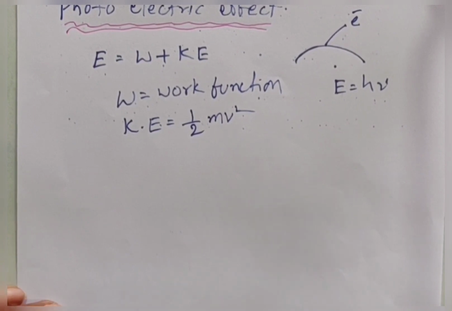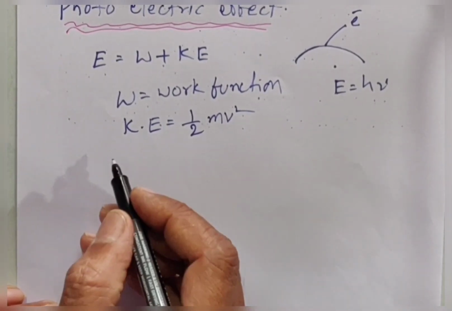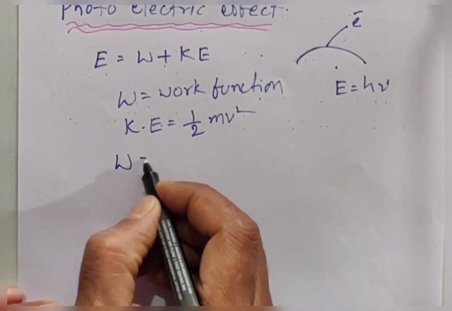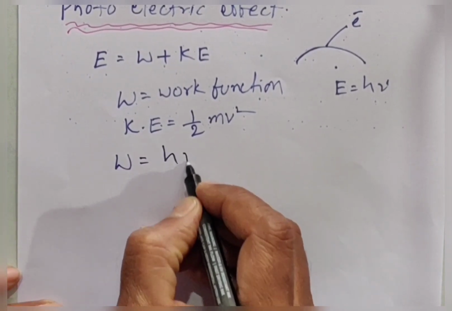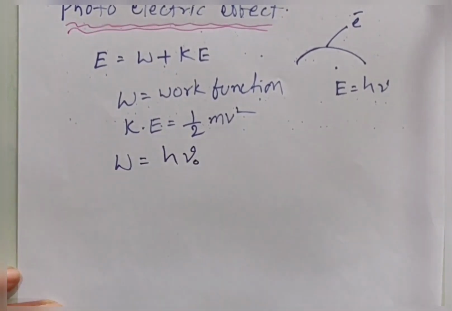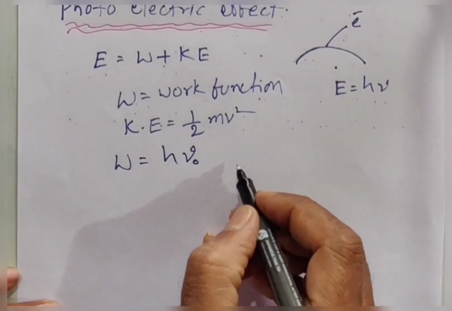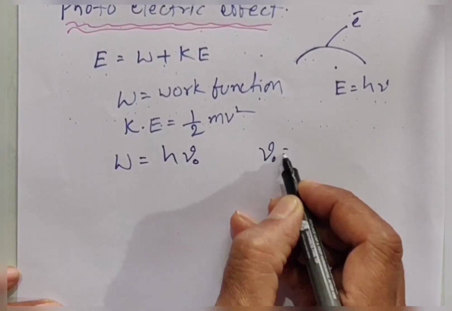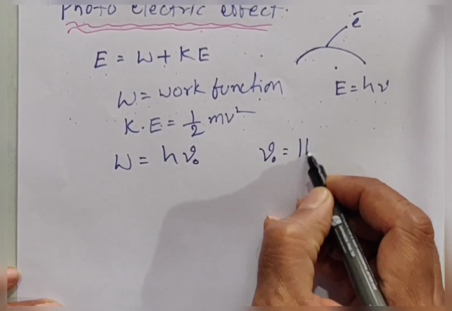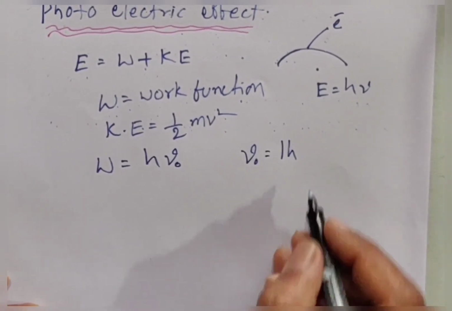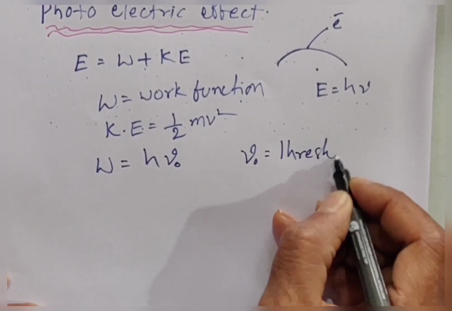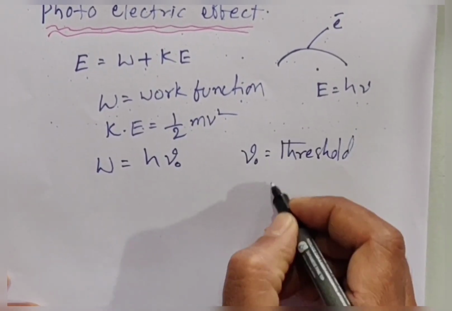Now here work function is equal to h nu naught. Here nu naught is equal to the threshold frequency.